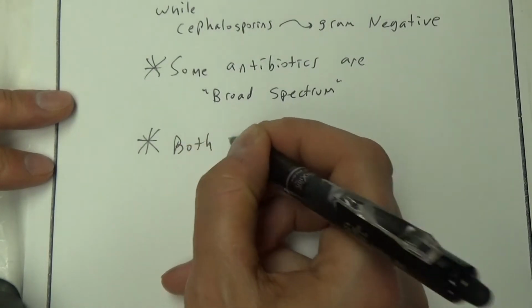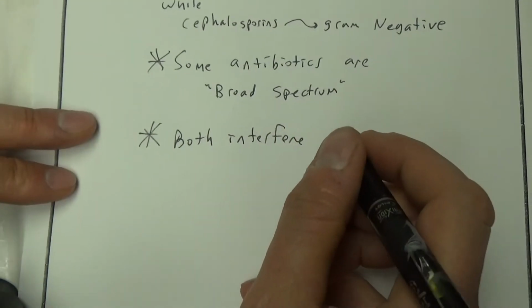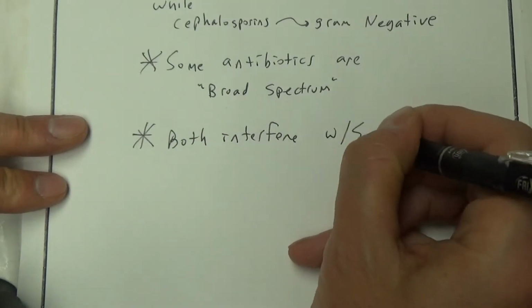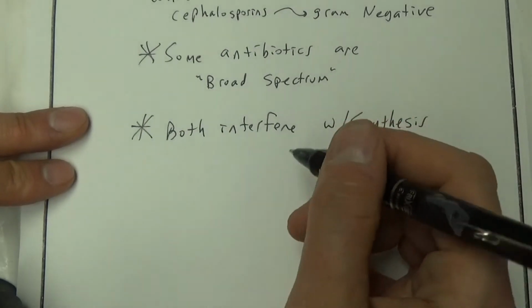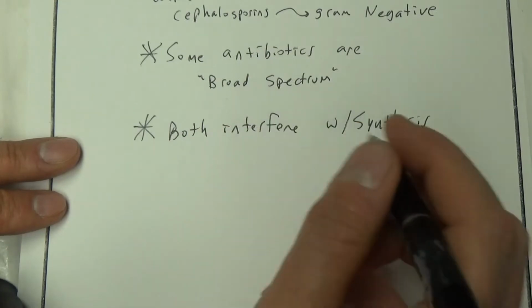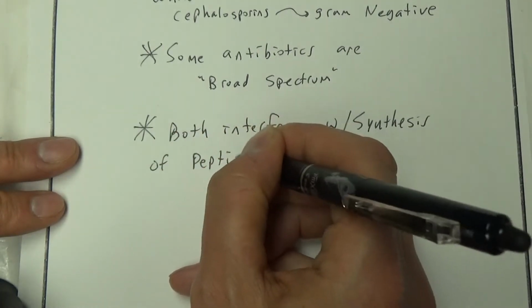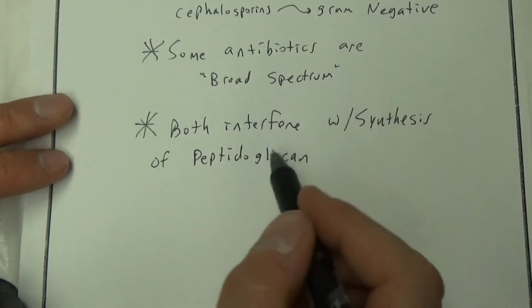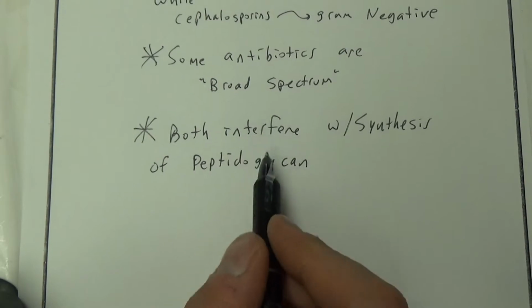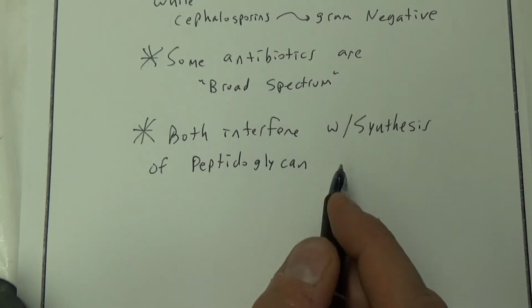Both interfere with the synthesis of that thing called the peptidoglycan. Which is, you know, basically the cell wall in the gram-positive bacteria, and then it's kind of like an inner cell wall in the gram-negative bacteria.